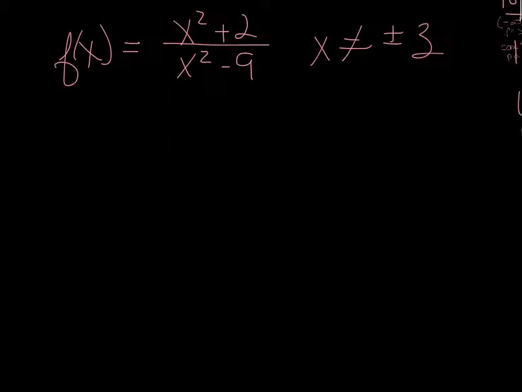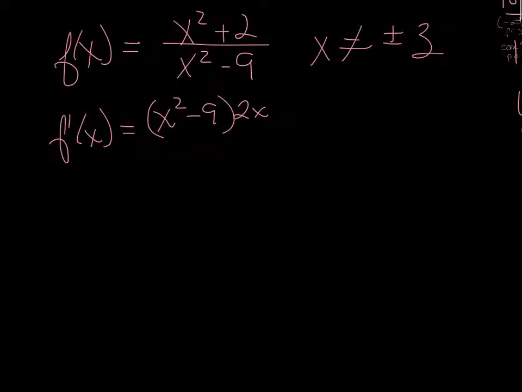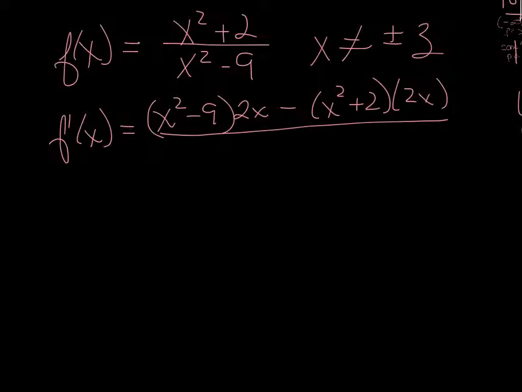All right, so we got to take our first derivative. So denominator times the derivative of the numerator, minus the numerator times the derivative of the denominator, over the denominator squared.